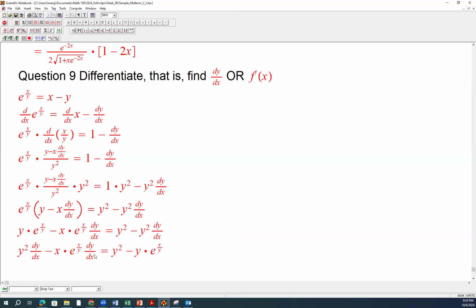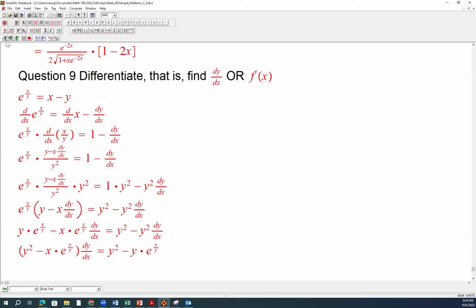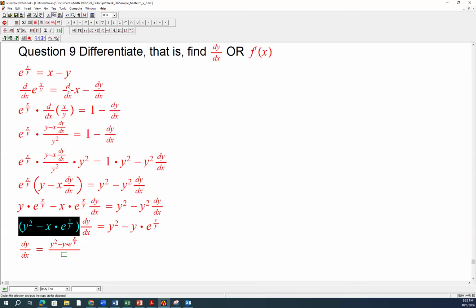Now you can see dy dx are together. We're going to factor them out. So finally, we get dy dx isolated by dividing the whole of the parentheses on both sides. We can remove the parentheses. So this is the final answer.